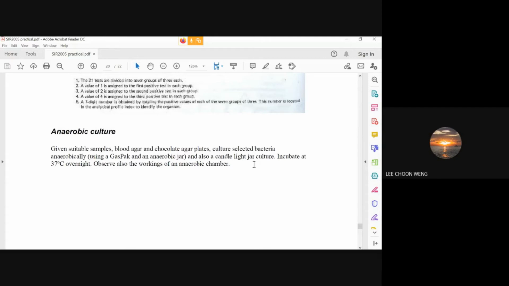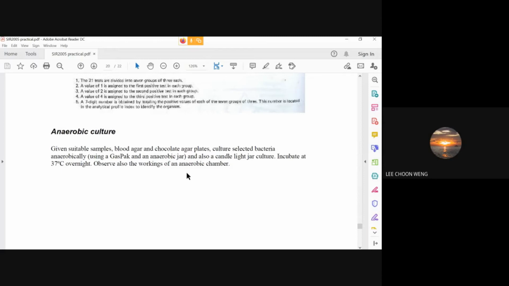So these are for capnophilic bacteria, for example, your Campylobacter and also your Neisseria. Then although we are not working with anaerobic bacteria, Streptococcus pneumoniae, Streptococcus species, many of them are microaerophilic, and they will actually grow better in an anaerobic condition.